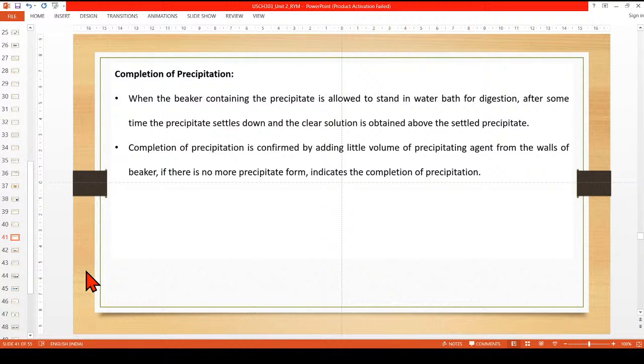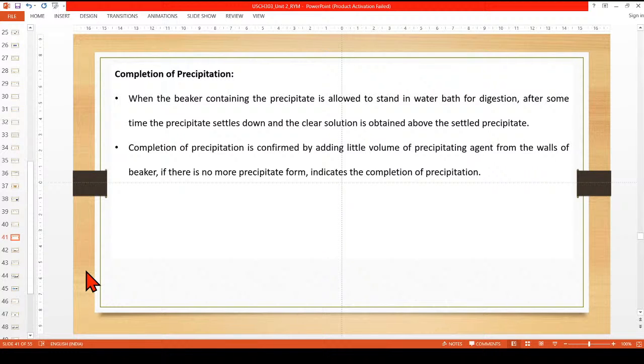How will you confirm precipitation is done or not? So go on adding precipitating agent. मैंने क्या बोला था? Add 5 ml of precipitating agent to check whether precipitation is done or not. Allow your solution to settle. सेटल होने पर जितना भी प्रेसिपिटेट फॉर्म हो गया है वो टर्बिड सॉल्यूशन में से नीचे सेटल हो जाएगा, और ऊपर what you will get is a clear solution. Supernatant solution will be clear.